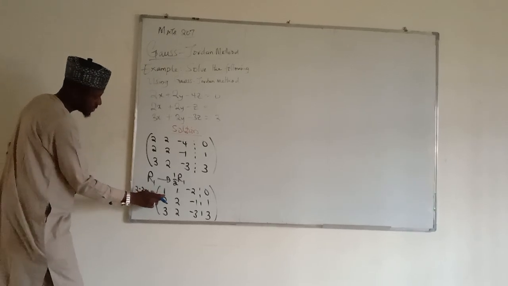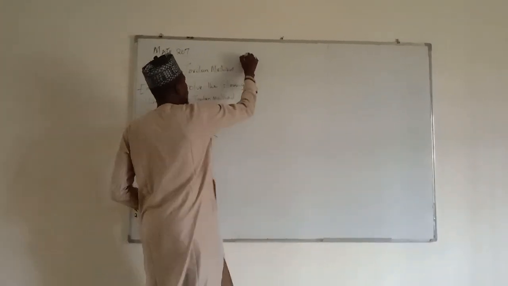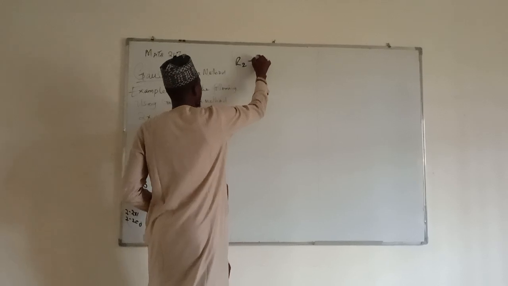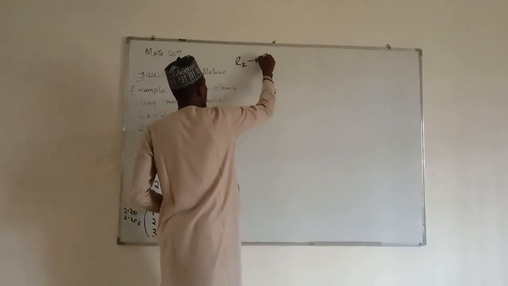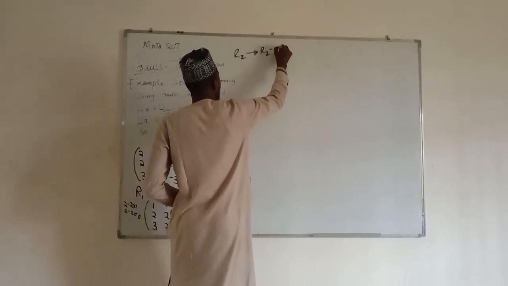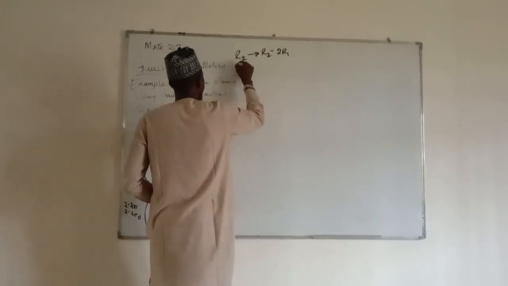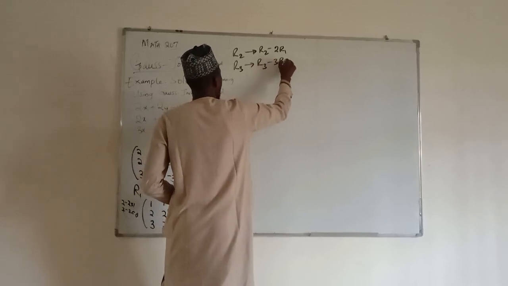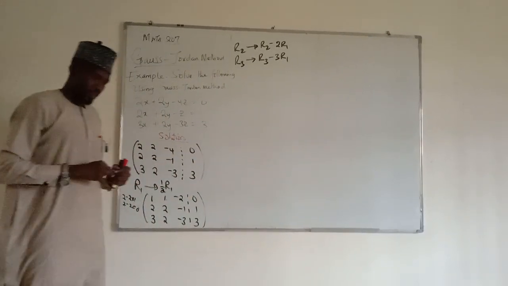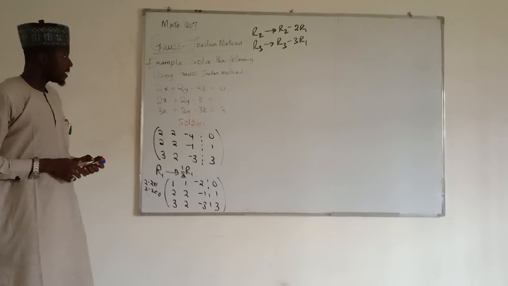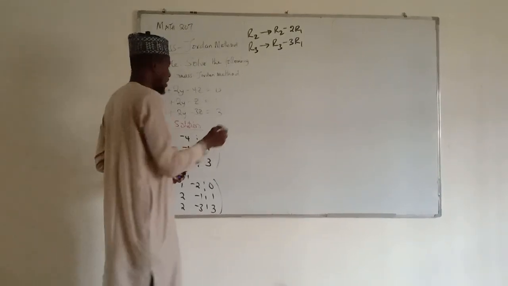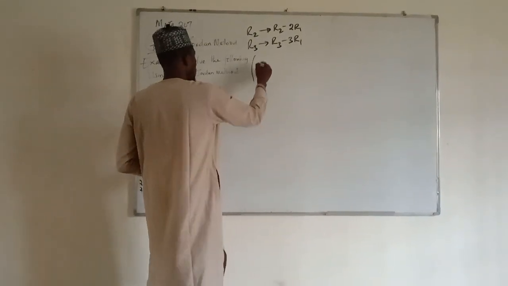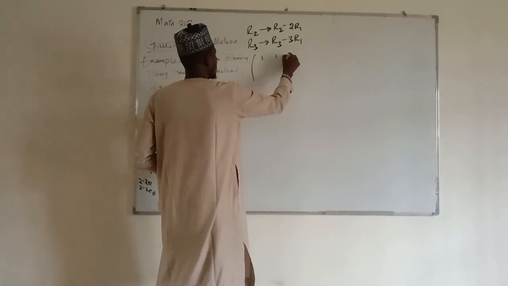So our R2 is going to be R2 minus 2R1. Then for R3, it will be R3 minus 3R1. So that's what we're going to do here.